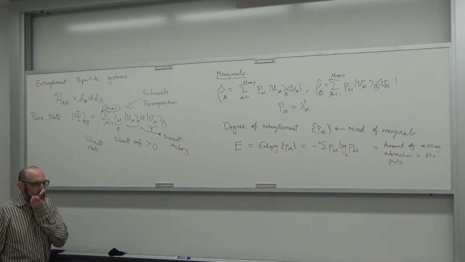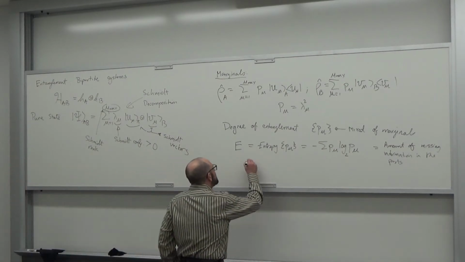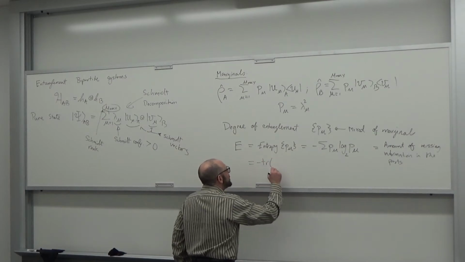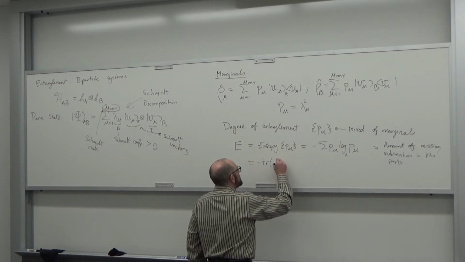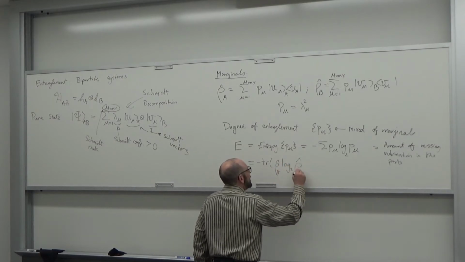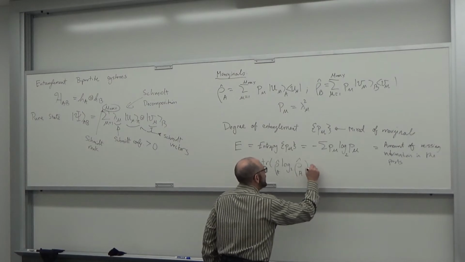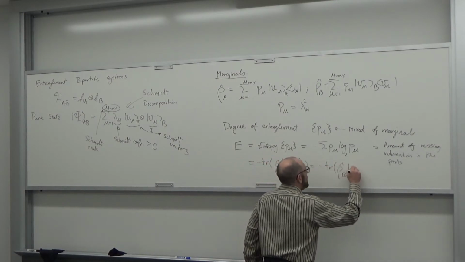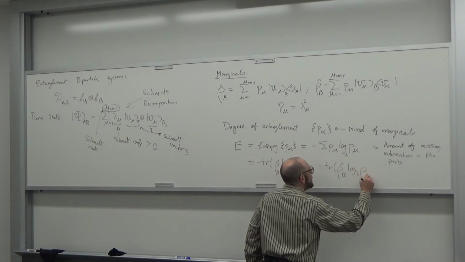That's what the entropy measures, which is often written in an operator form as minus trace rho log rho, for either marginal, because they have the same entropy.